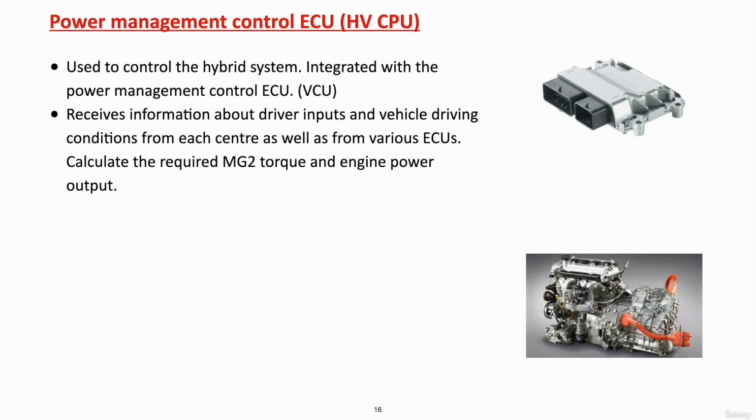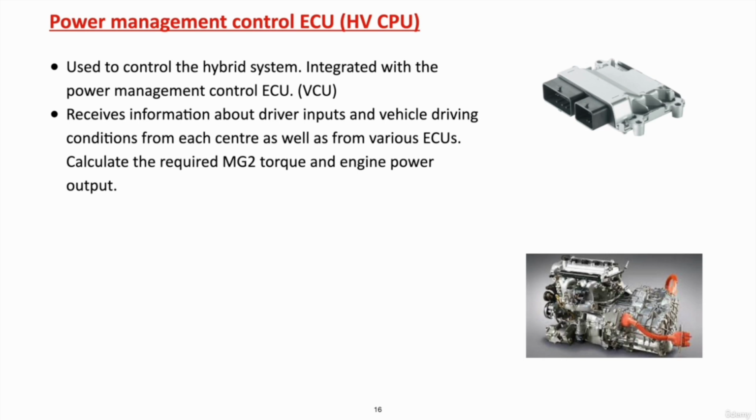Next we have your power management control, ECU or HVCPU. It is used to control the hybrid system. It is mainly integrated with the power management control ECU, and this combined control unit is known as VCU, which is your vehicle control unit.